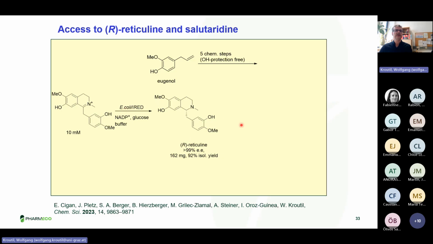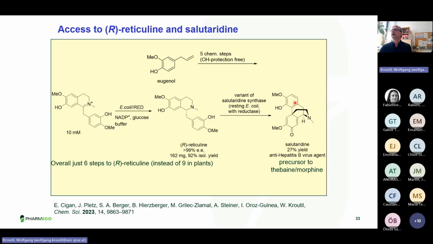And then, well, which is here on the one slide quickly shown, but in reality, it took quite some time to do the last step, namely to this coupling step.